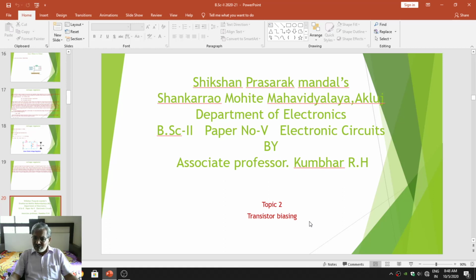Friends, power supply we have designed in topic number first. That power supply is to be applied to provide the necessary voltage to the transistor to bring it in working condition, to bring it in conduction.